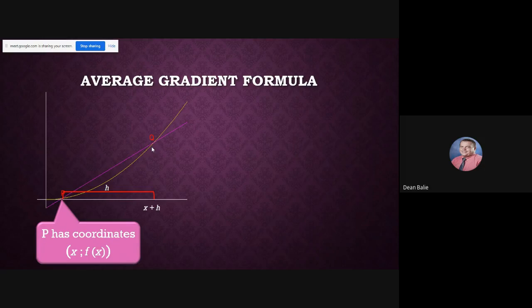Okay, so my x coordinate at Q is x plus h. That lines up with Q over there. And if I then want to determine my y value at Q, I've got to read off there. That then determines my y value at Q. And if my x value at Q is x plus h, then my y value at Q must be f at x plus h.